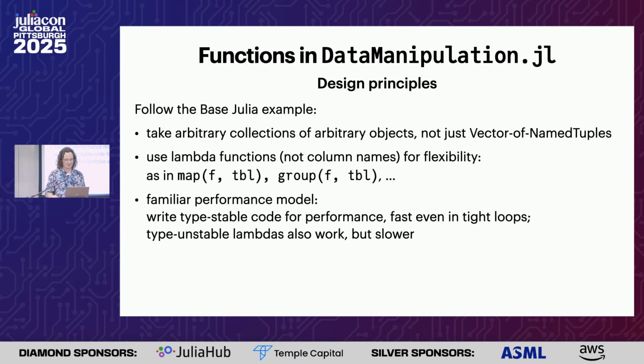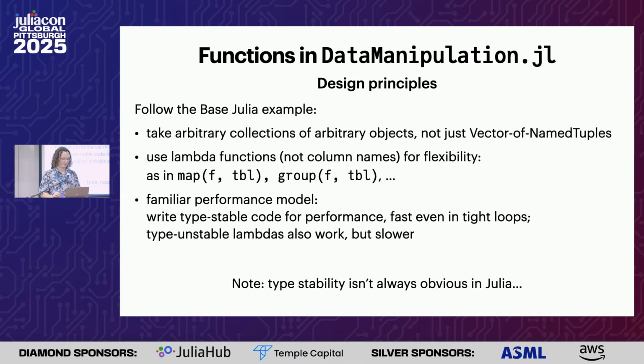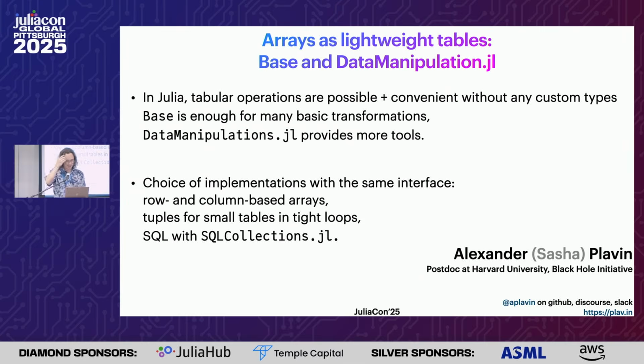Or write type unstable lambdas if you don't care much about performance, if your datasets are smaller. Of course, there are always these caveats. Type stability is not 100% obvious in Julia. There are often Slack threads or Discourse threads discussing it. But this is what you get everywhere in Julia.